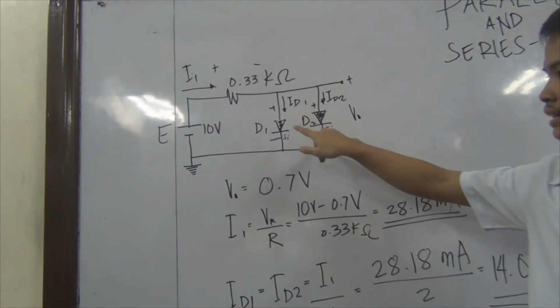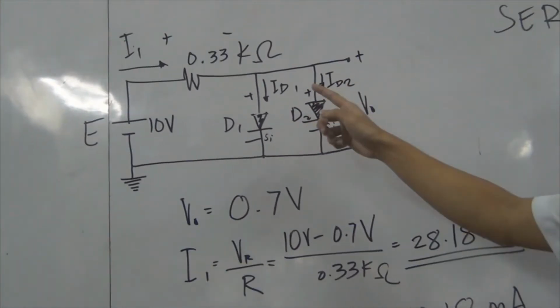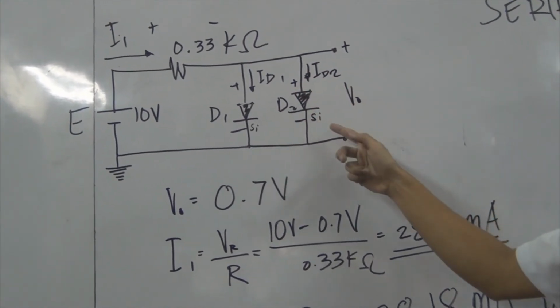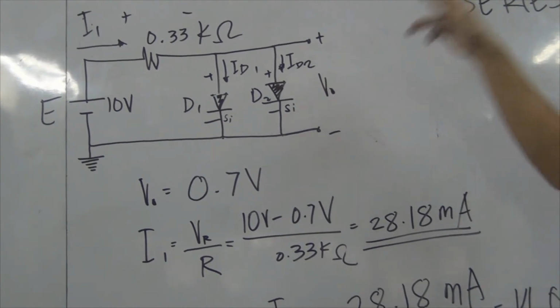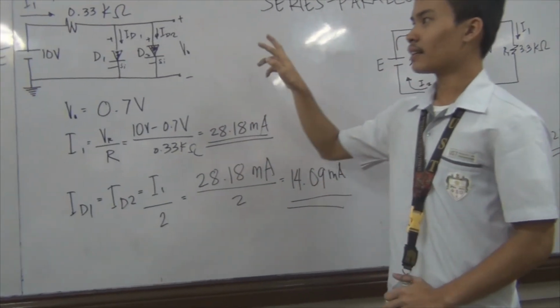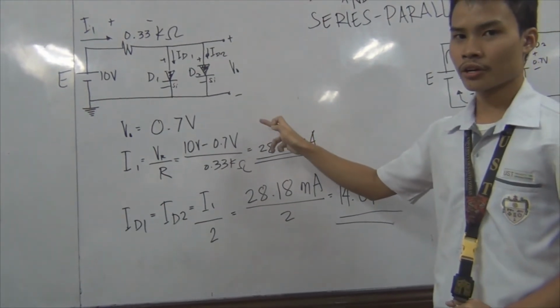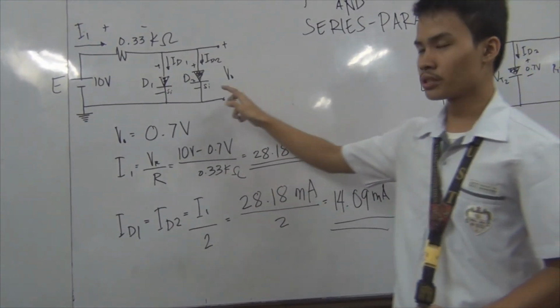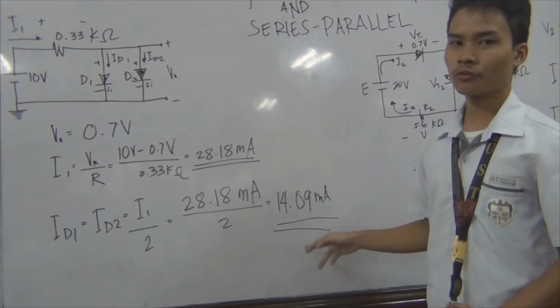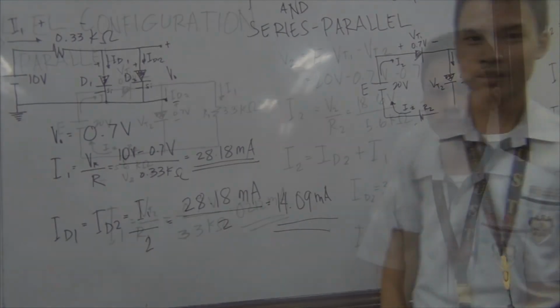And to get the current across diode 1 and diode 2, we divide I1 by 2, since they're both similar and both silicon, so 28.18 divided by 2 will get you 14.09 milliamps.